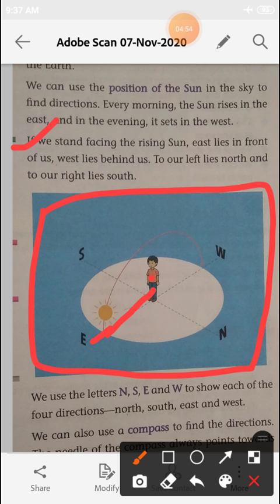East lies in front of him, west lies behind him, and on the left side is north and on the right side is south. This picture shows the four main directions using this boy.